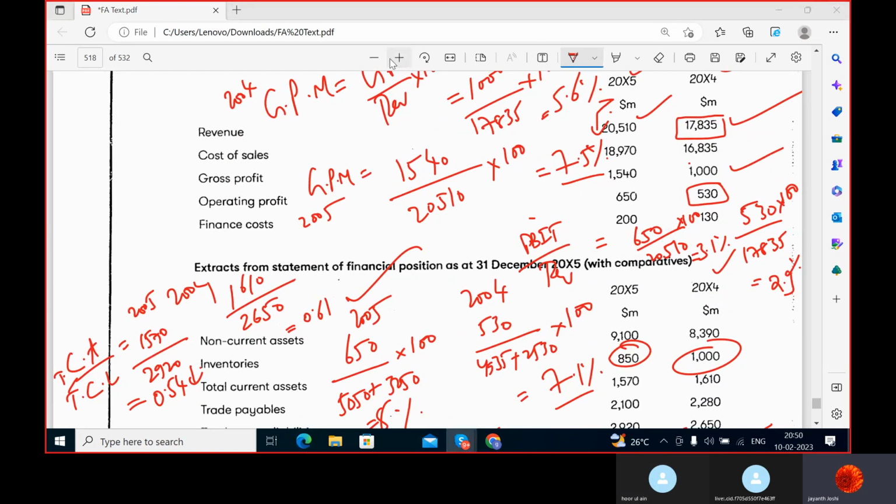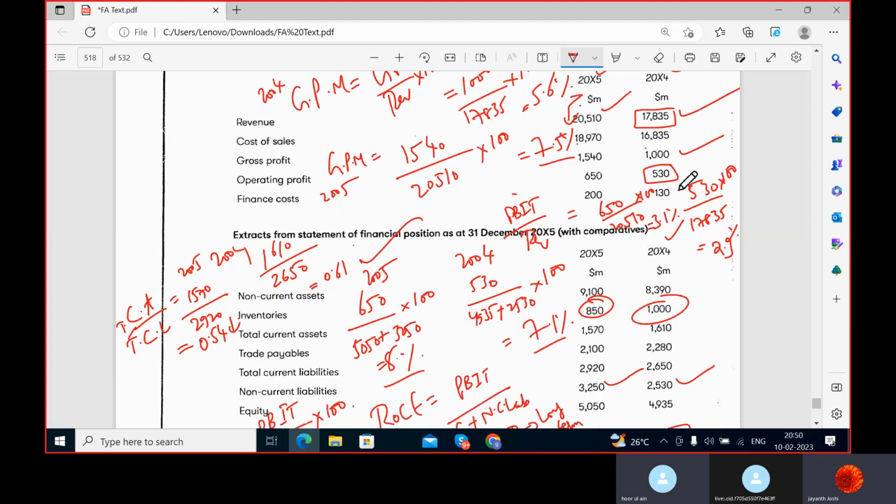Come on, you find out both the ratios. Let us see what you're going to do. So the interest coverage ratio and the payables payment period, debt payment period.